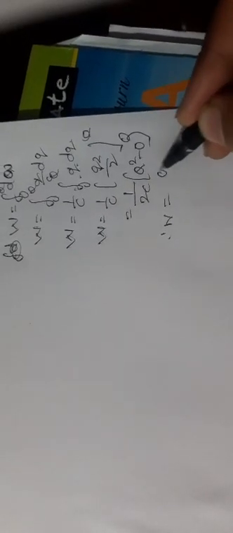Therefore, the total work done W is equal to Q square by 2C. The total work done W is stored as energy U. That means W is equal to U. Therefore, finally, U is equal to Q square by 2C.